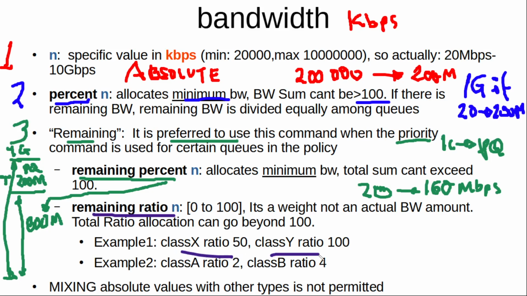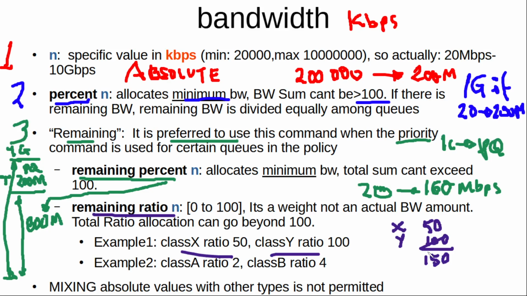So let's put this example. For instance, we have class X that we are going to assign a ratio of 50, and class Y we are going to assign a ratio of 100. If you add these two numbers together, you are going to get 150, and this is valid because we are not talking about a percentage here.